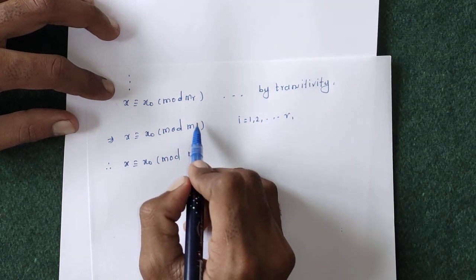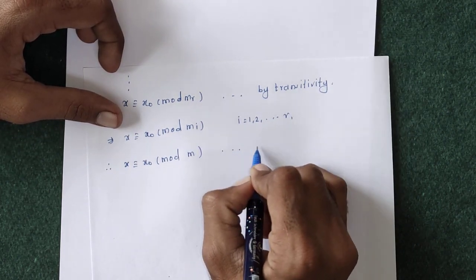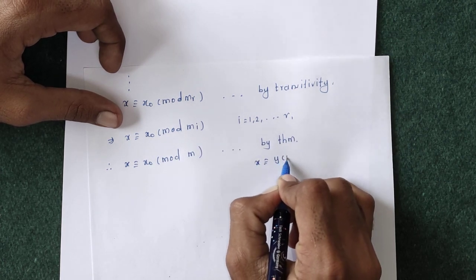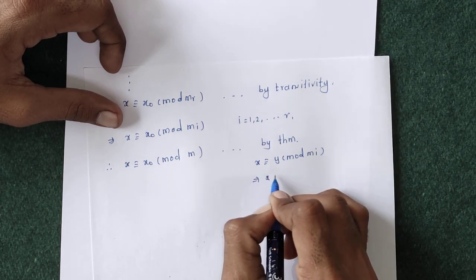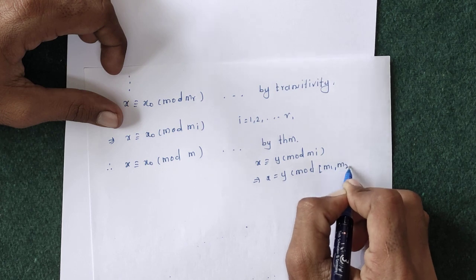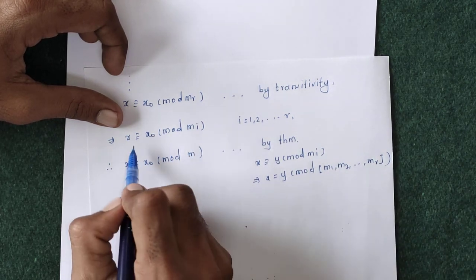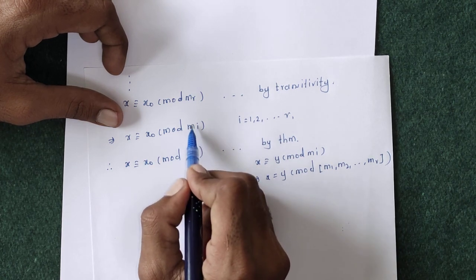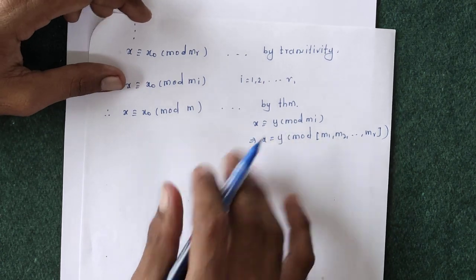Then the multiplication of m1 into m2 up to mr is just the least common multiple, and using the result that x is congruent to y modulo mi if and only if x is congruent to y modulo LCM of m1, m2, up to mr. Using this result, the LCM of m1 m2 up to mr is the multiplication of m1 m2 up to mr, and that is m. So x is congruent to x naught modulo m.